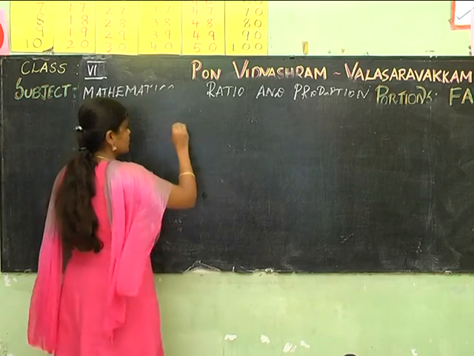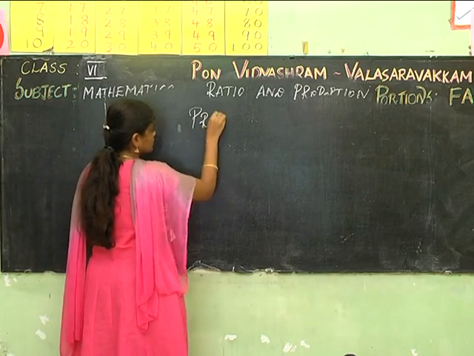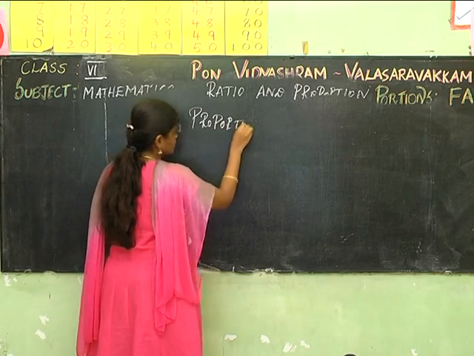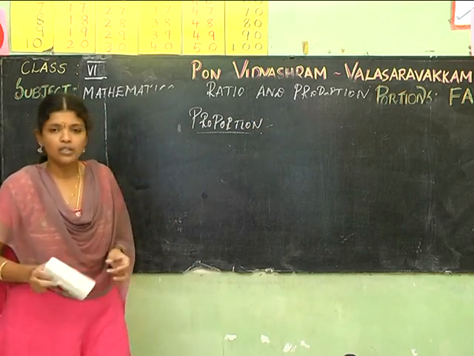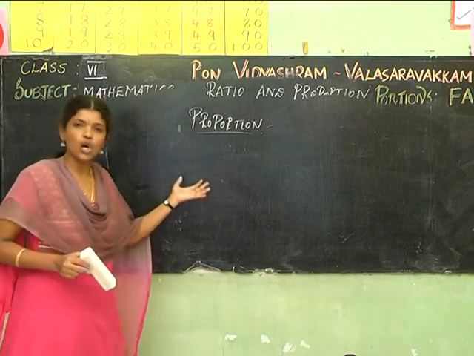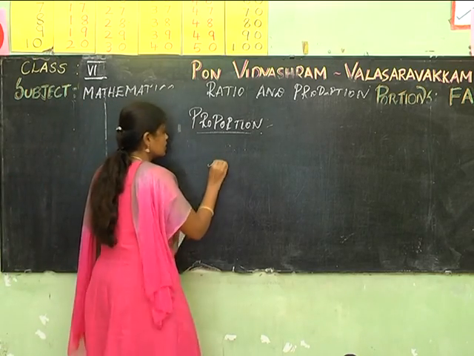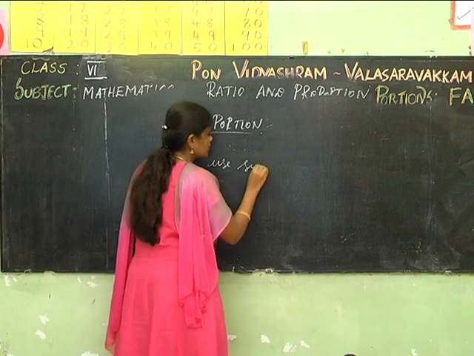Now we can move to proportions. What is meant by a proportion? If two ratios are equivalent, it is called a proportion. We can use a symbol.